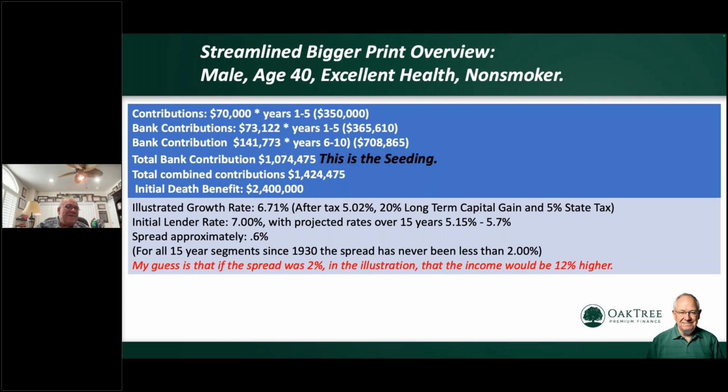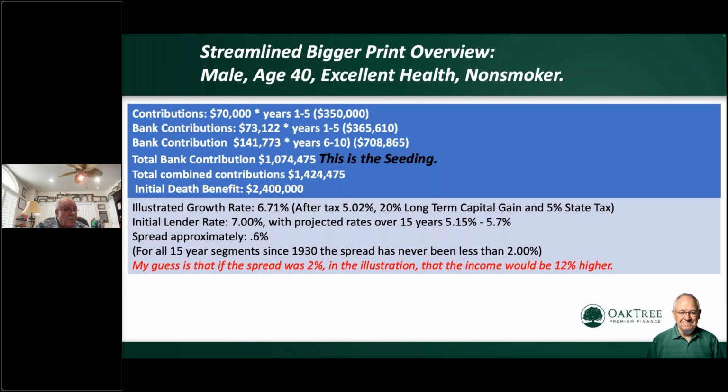Bank contribution $141,773 a year, or $708,865. Total bank contributions $1,074,475. I'm calling this the seeding. The total combined contribution is $1,424,475. The initial death benefit is $2,400,000.